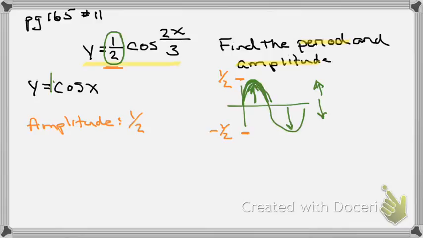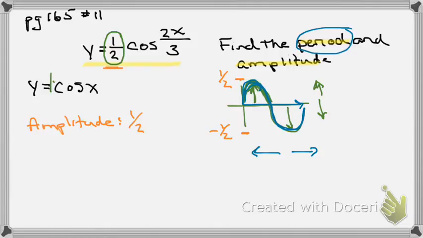The next part of the question said, what's the period? If we're thinking about period, it's like, how long does it take to make a complete cycle? How long does it take before the graph starts to repeat? So the only way I could change that is if I'm stretching or condensing it horizontally. Stretching and condensing are like multipliers to me, but I want to do it horizontally.